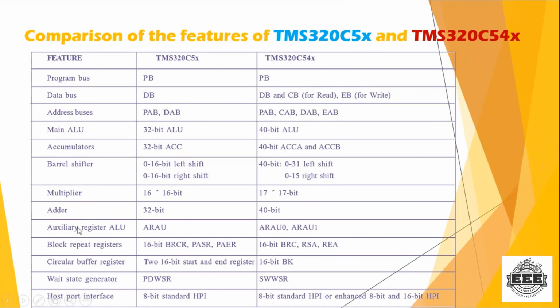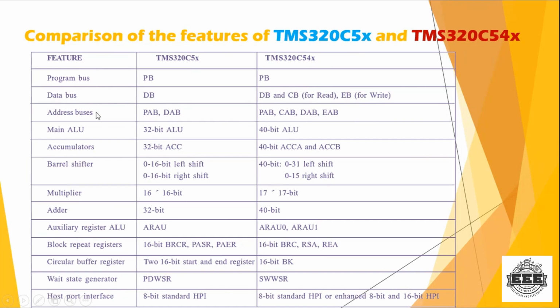So here are the different kinds of features which will be available when comparing both processors. For the program bus, we have only one program bus, PB. For the data bus, in the 5x processor we have only one data bus, whereas in the 54x processor we have 3 data buses. One is specially for read, and one is specially for write operations.